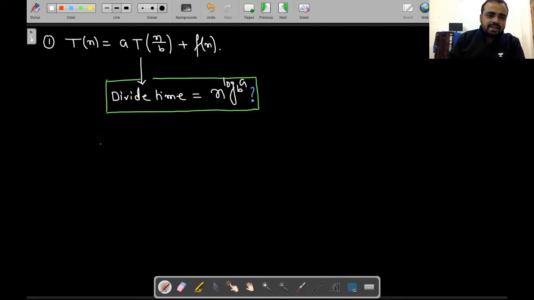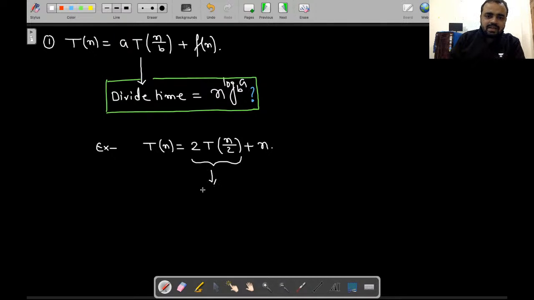Suppose I'm taking an example. T of n is equal to 2 T of n by 2 plus something. This recurrence relation is following the form of the first master theorem, yes or no? So now this part is representing the divide time.